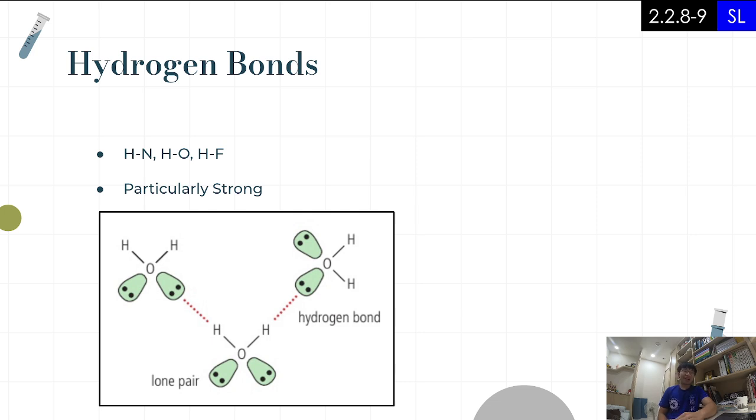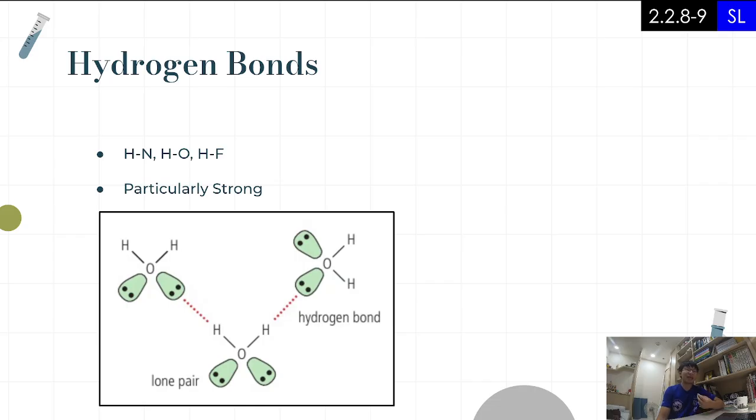The last one is the strongest. It's the hydrogen bond, and it happens in molecules containing the bonds H-N, H-O, or H-F. The common example here is water. The hydrogen bond of water impacts its properties a lot. Because oxygen has a stronger electronegativity than hydrogen, the electrons are closer to oxygen.